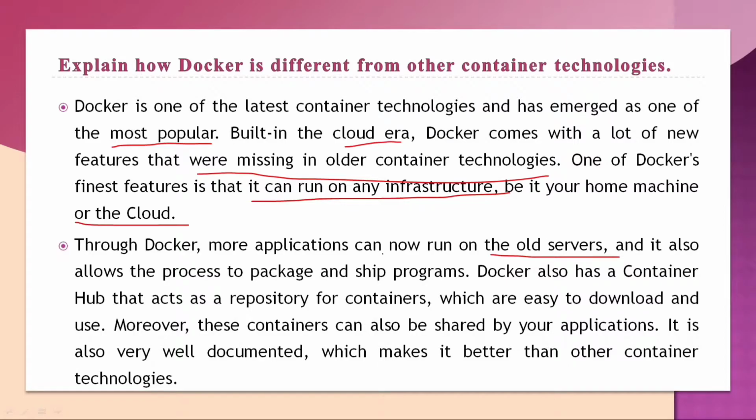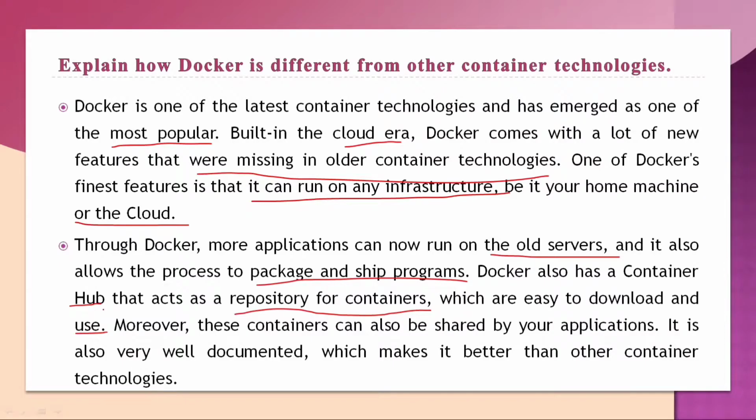Through Docker, more applications can now run on older servers, and it also allows the process to package and ship programs. So using Docker, we can package our application and ship it. That is the main purpose of this containerization tool. Docker also has a container hub that acts as a repository for containers which are easy to download and use. That is Docker Hub, where thousands of images are available.